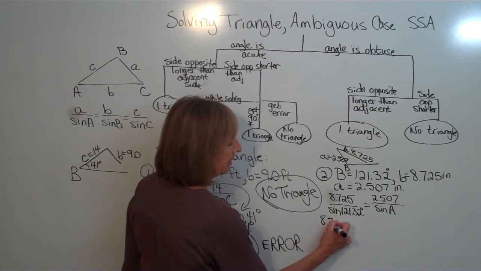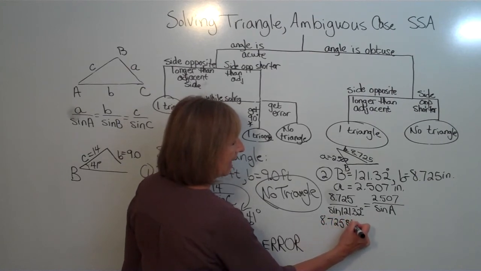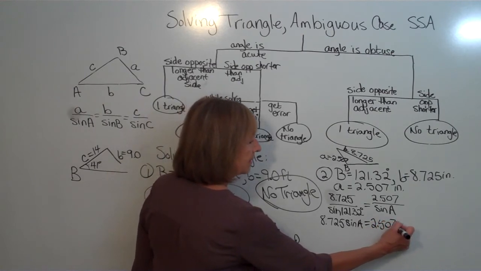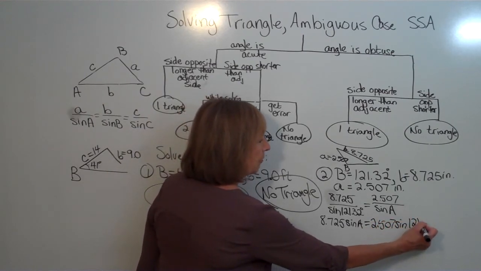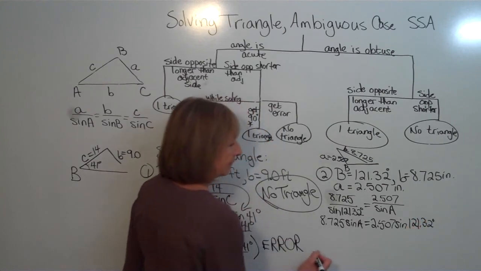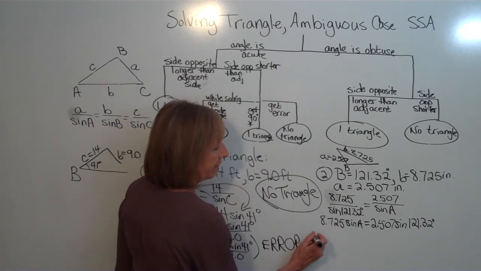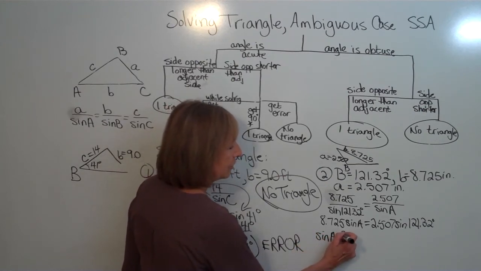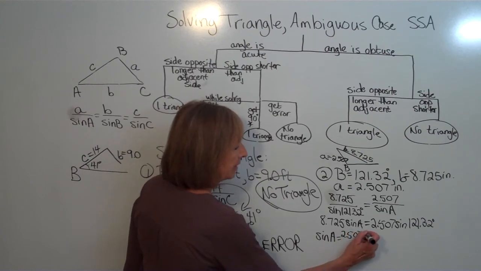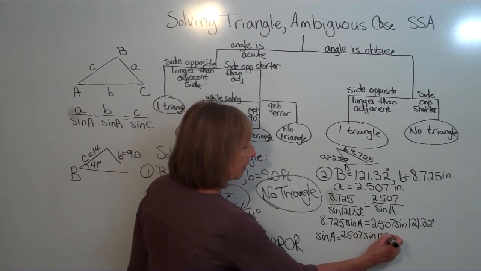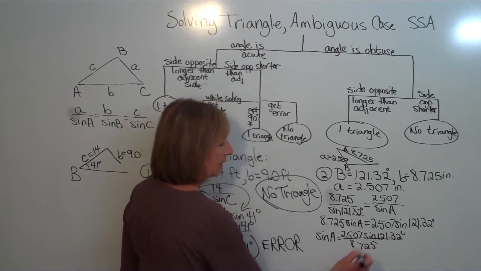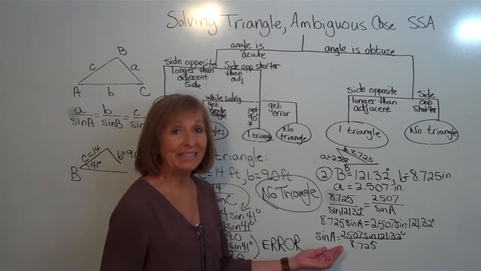That gives me 8.725 times the sine of A is equal to 2.507 times the sine of 121.32 degrees. Divide by the 8.725. I get that the sine of angle A is 2.507 times the sine of 121.32 degrees divided by my 8.725. But that's what the sine of angle A is.